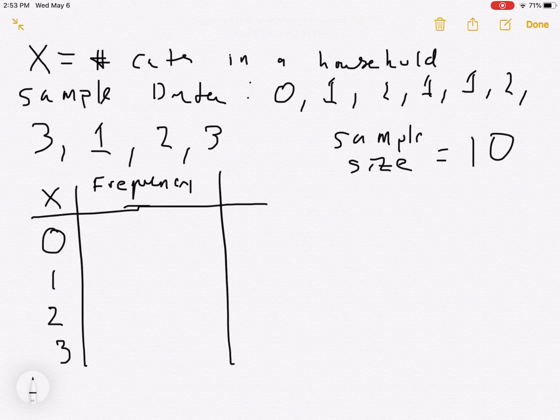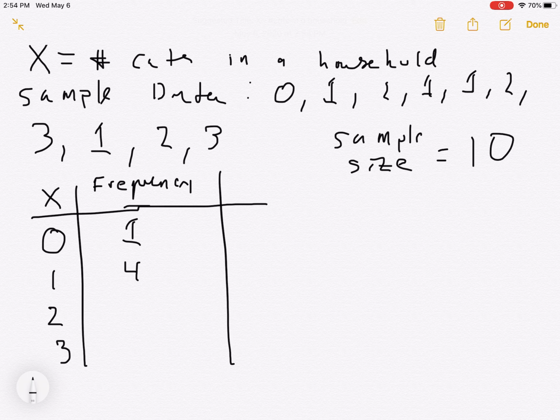The frequency with which X occurs: 0 occurred once. There is one individual with no cats. 1 occurred 1, 2, 3, 4 times. One cat occurred 4 times. It was sampled 4 times.